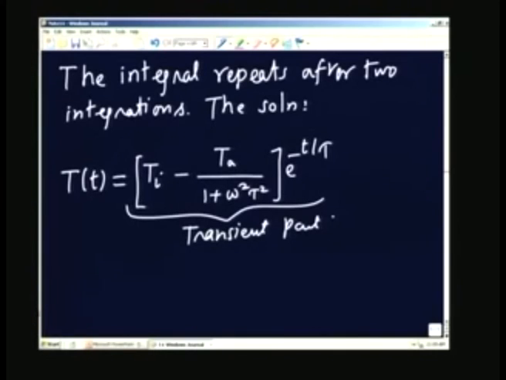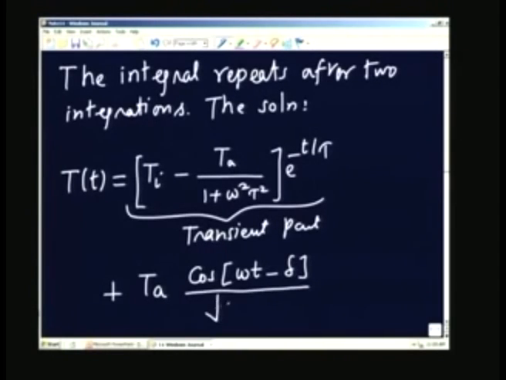The solution is made up of two parts, the transient part plus again what is called a steady state response part, which is given by T A multiplied by cosine of omega t minus delta, which is called the phase angle, divided by square root of 1 plus omega squared tau squared. This solution can be worked out by the method I have suggested.